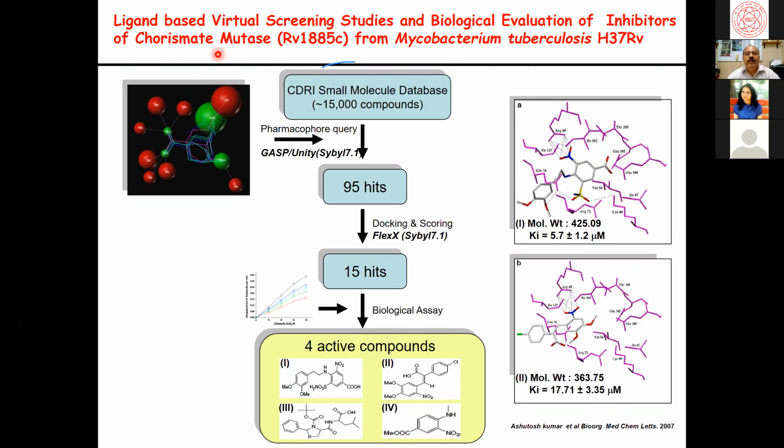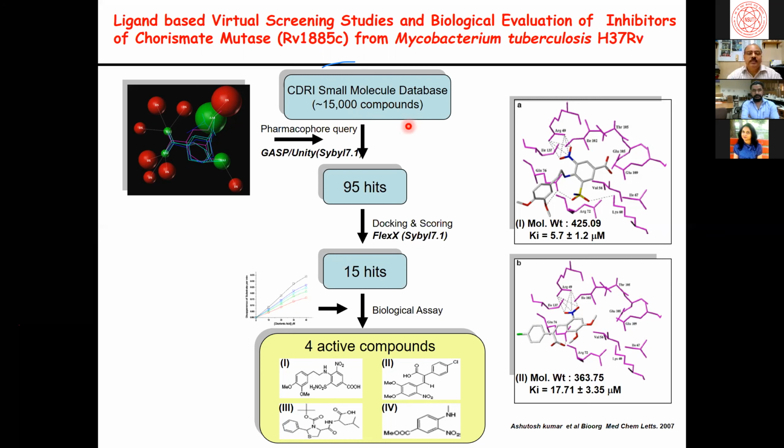This is a very important enzyme of the shikimate pathway in Mycobacterium tuberculosis, where we built a pharmacophore using substrates of chorismate mutase, and this was used to screen a subset of CDRI molecules, around 15,000 molecules out of the total maybe 50,000 odd molecules.